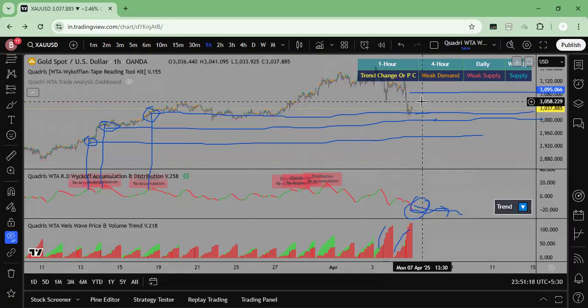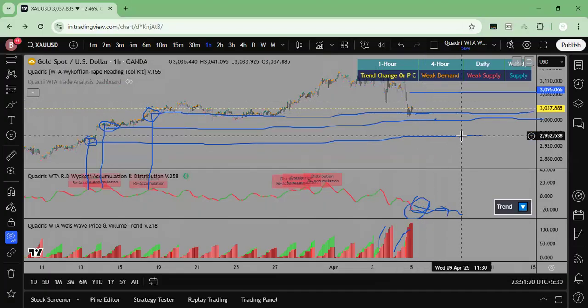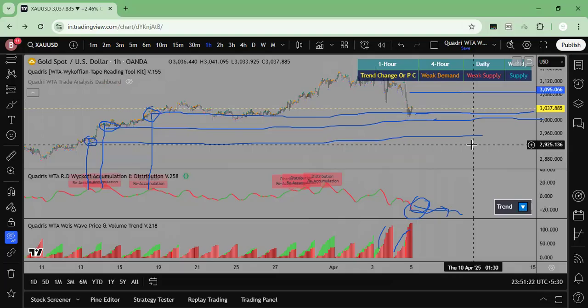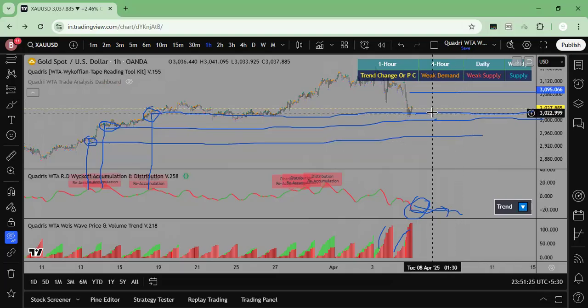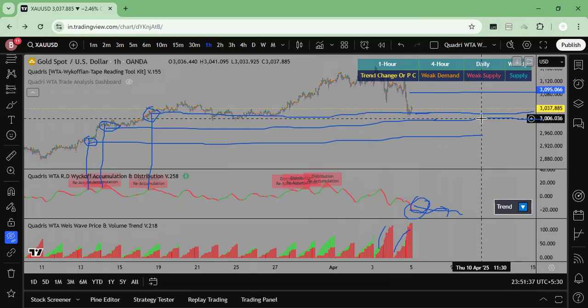If it bounces back from this particular point, and if it stays below this 3090, then we can see a breakdown of this particular level, that is around 3020. And if that breaks, then I'm expecting price to go below 2980 or 2990.